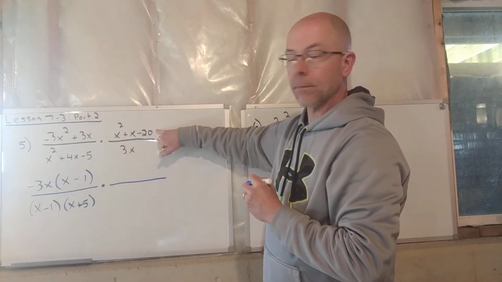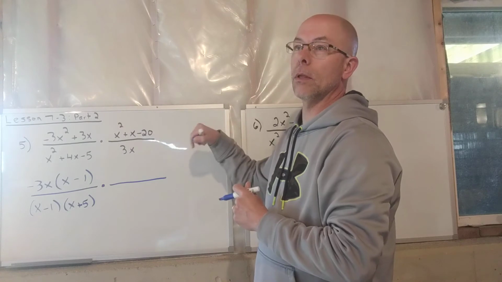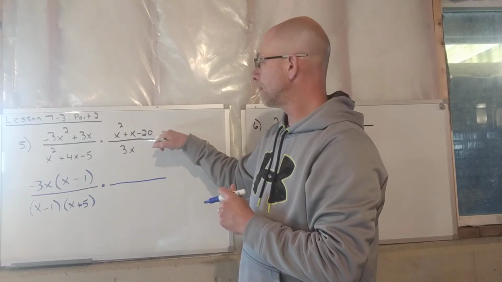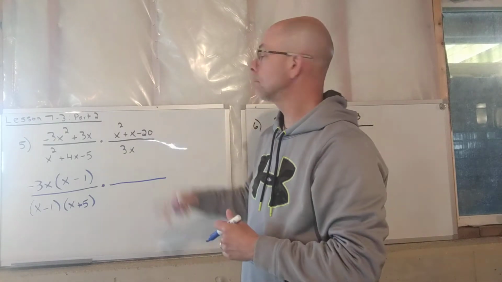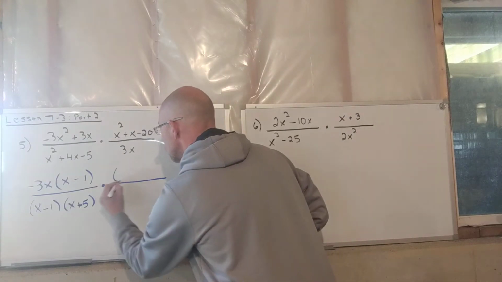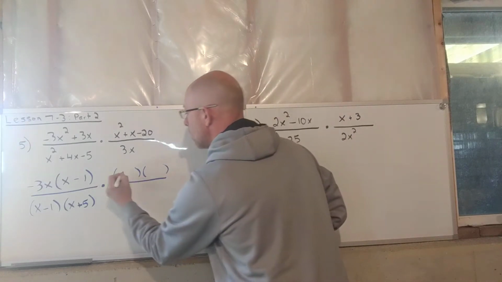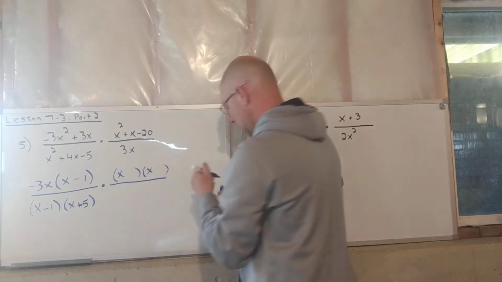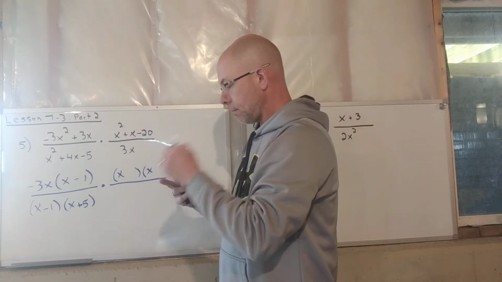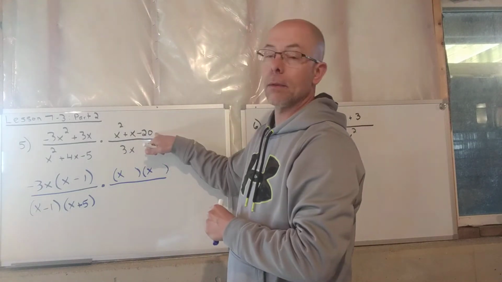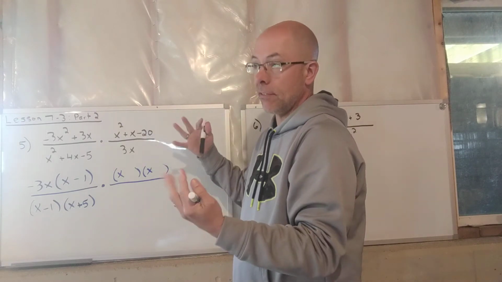This numerator is also a typical trinomial with no greatest common factor. So just write 2 parentheses here, people, x and x. That's negative 20. What comes to mind with 20 is 4 times 5.